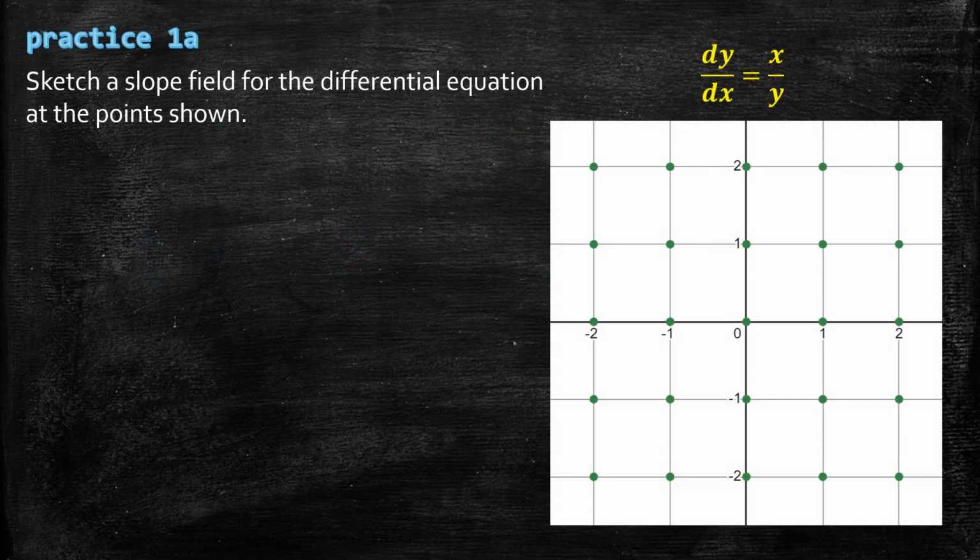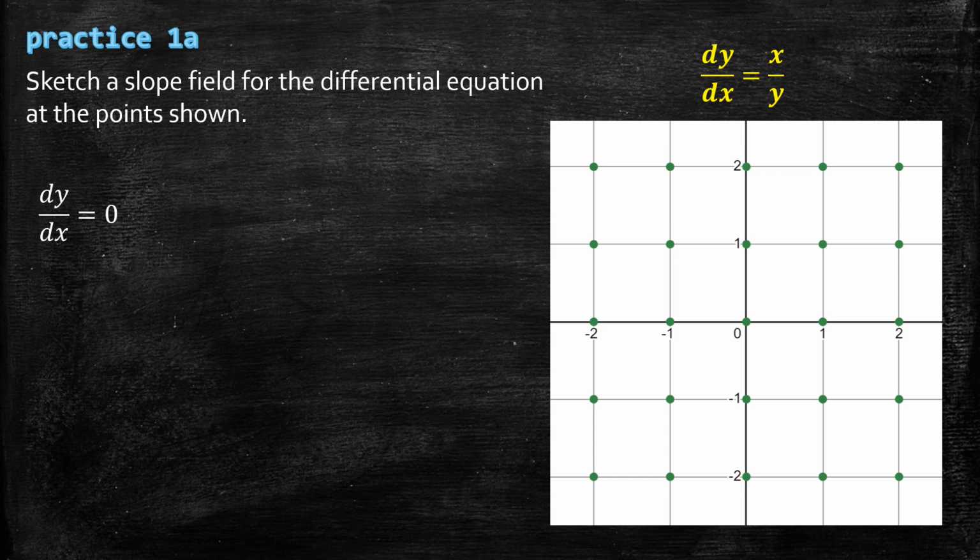So let's get into our first practice problem. We're going to sketch a slope field for the differential equation dy/dx equals x over y at the point shown. Maybe we won't sketch every single segment, as that will take a lot of time, but enough for you to get the general idea of how to approach these problems. The first thing that's good to do is always to start by finding where the horizontal line segments are.